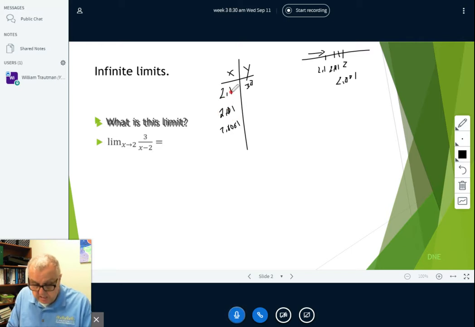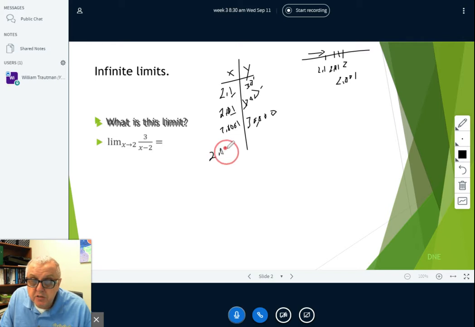Then I'm going to do the next one, 3 divided by 2.01 minus 2, and I get 300. You see here's one decimal, there's 2 decimals. One decimal is 1 zero, 2 decimals is 2 zeros, 4 decimals would be 4 zeros.